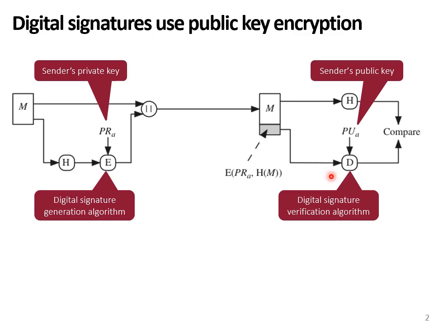This hash value can be decrypted using the digital signature verification algorithm and the sender's public key, which can be obtained as it is publicly available. If the two are the same, the receiver knows that the message was not altered. Because let's say the message is altered by an attacker, this attacker would not be able to generate a valid signature as the attacker does not know the private key of the sender.